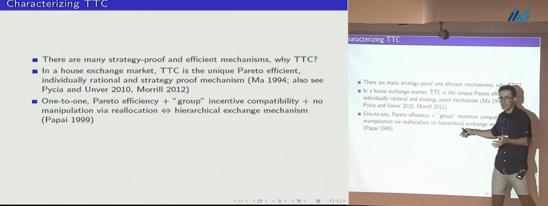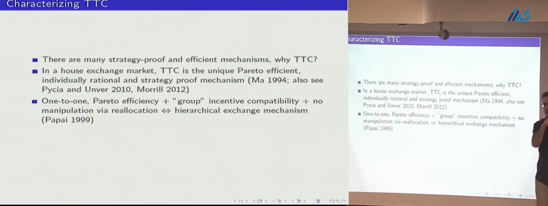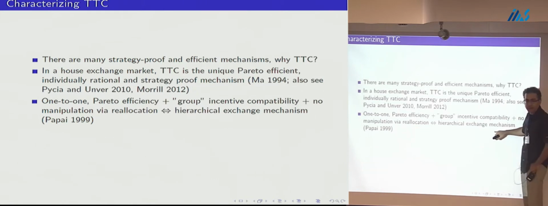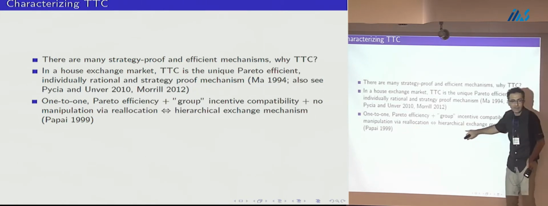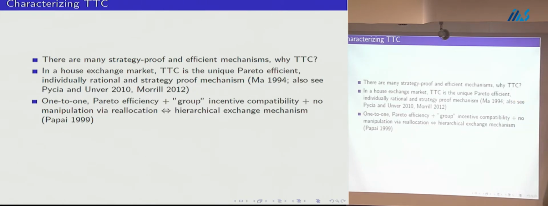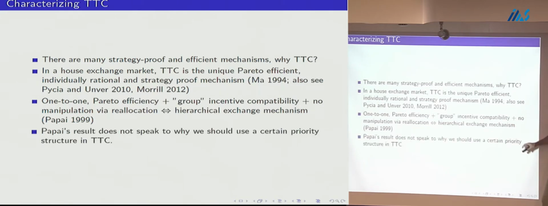And under that ownership structure, students exchange their priorities and they find an efficient allocation. But that result still does not tell us why we should use that particular priority structure.